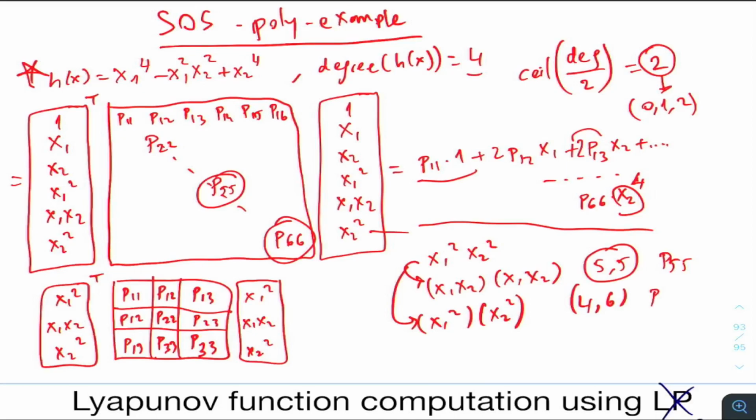No. P46 and P64. So since you have this term, that means you can have P55, P46, and P64, because you are able to generate using those two terms.